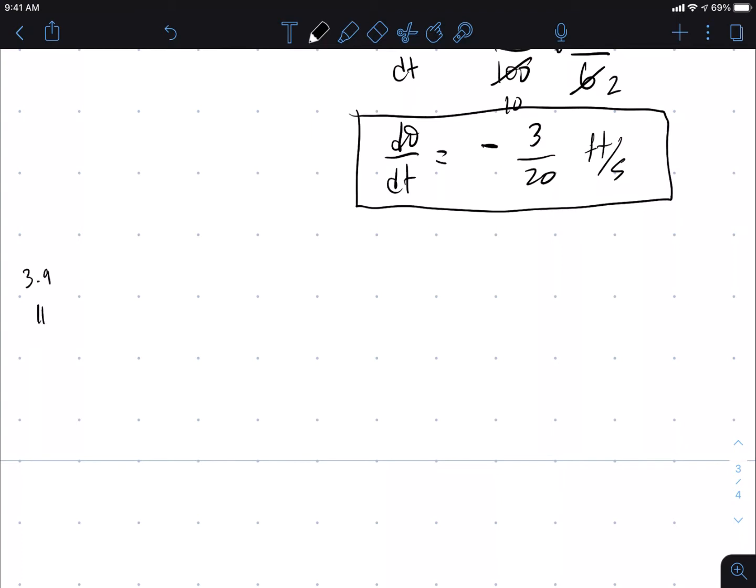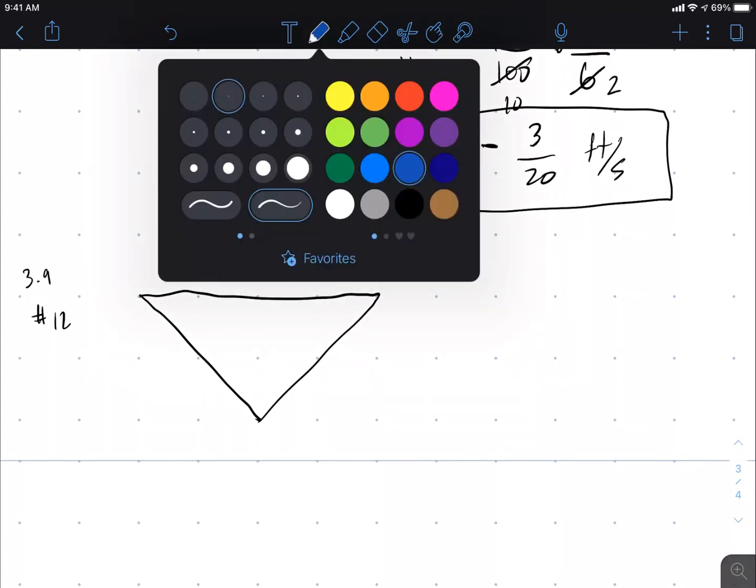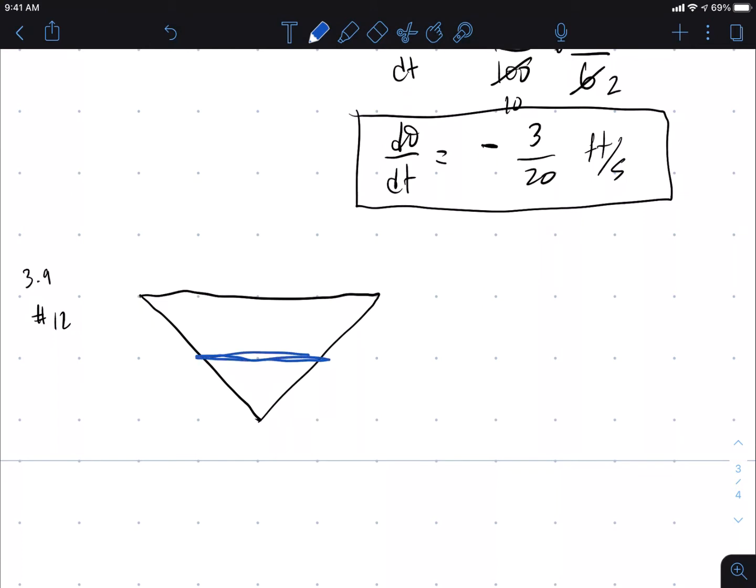All right. This is number 12. You have to understand the picture, and I think they give you a picture in the problem. Here's the water level. This length is my base. This is my height. This thing here is 3 feet in my problem, and my height is 1 foot.